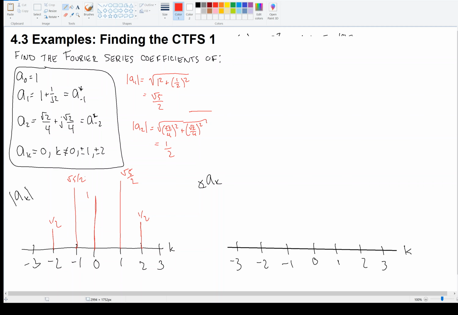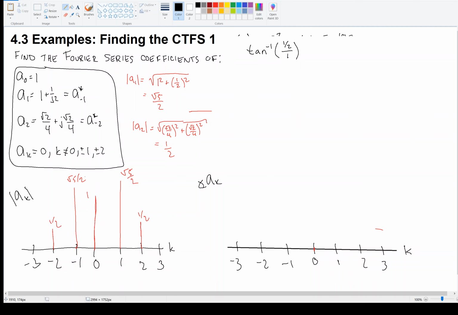All right. So what's the phase of A0? Well, the phase of a real positive number is 0. Think about where this falls on the complex plane, what angle it makes with the positive real axis. All right, now A1, 1 plus 1 over j2. Well, that one's a little interesting, but we can use trig identities and so forth, and we would take the inverse tangent of 1/2 over 1.